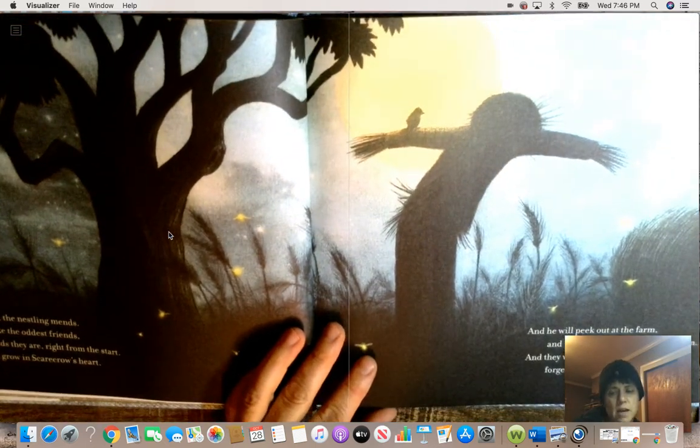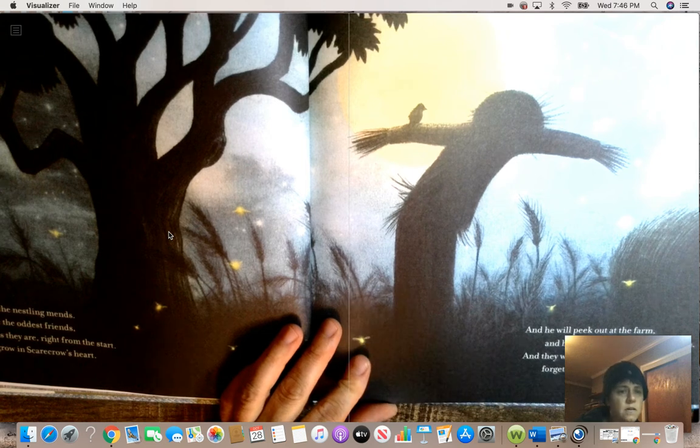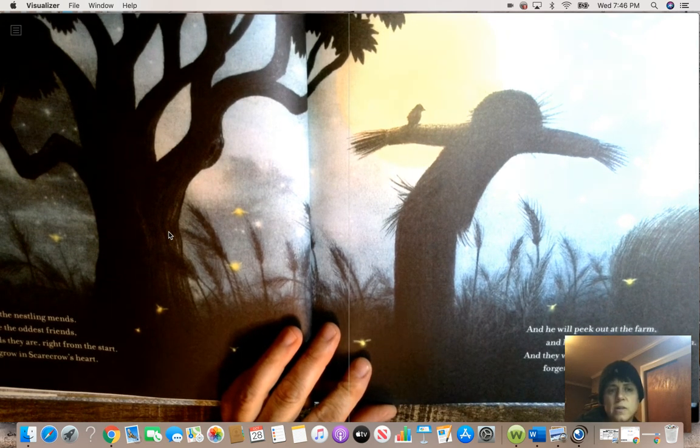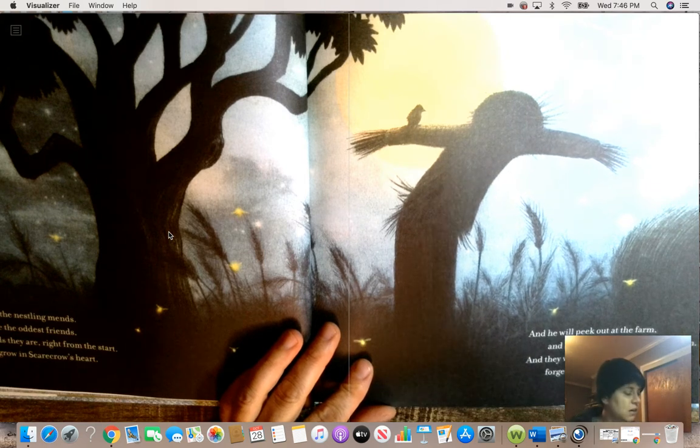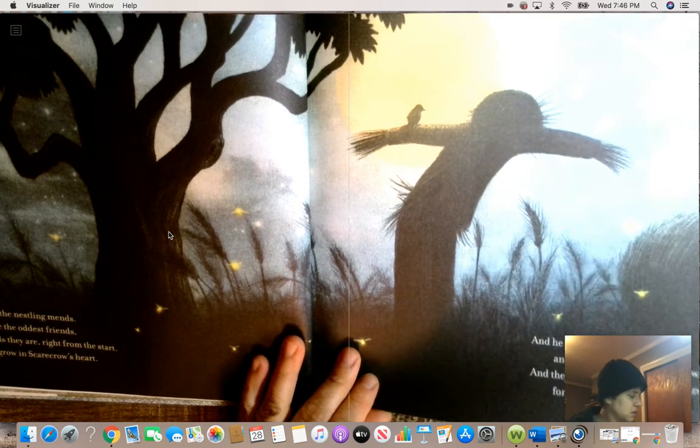This is a nighttime setting. Scarecrow is always in the same place, but that setting is constantly shifting. And the author and illustrator do a great job in showing that change from beginning, middle, to end.